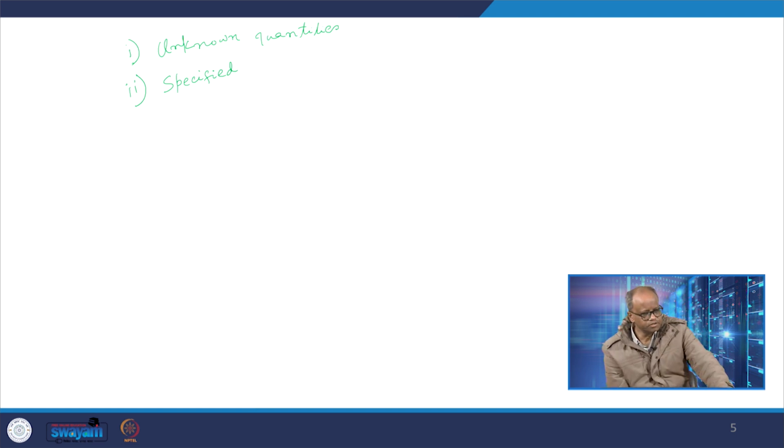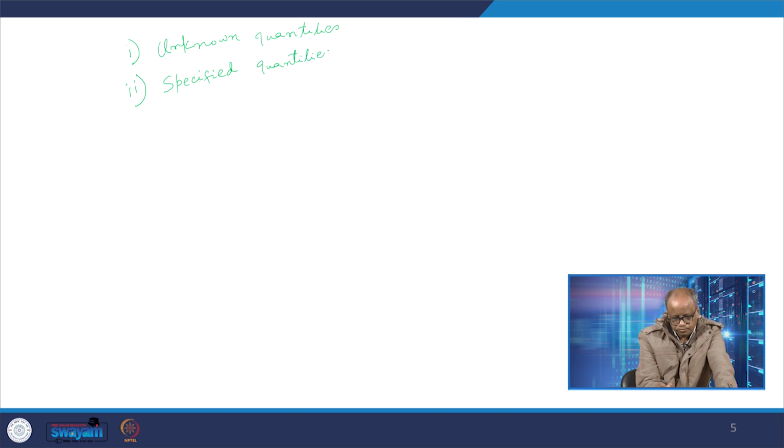That means these specified quantities will give us some equations. These are also nothing but known quantities. Then we have to talk about the equations relating unknown and specified quantities.